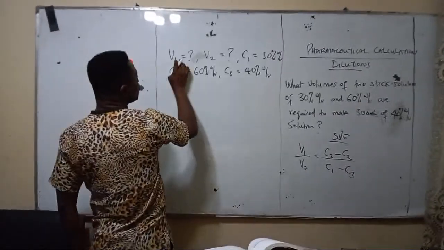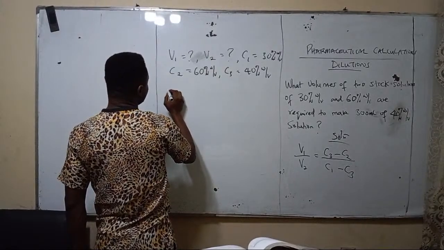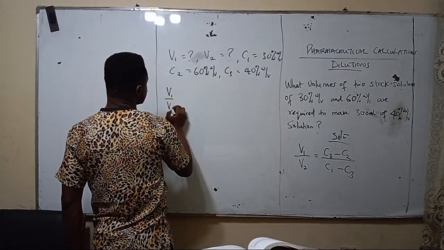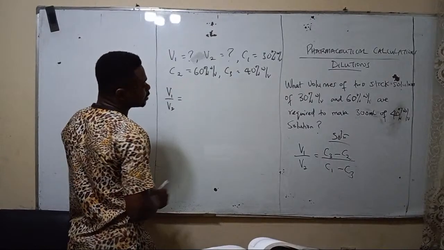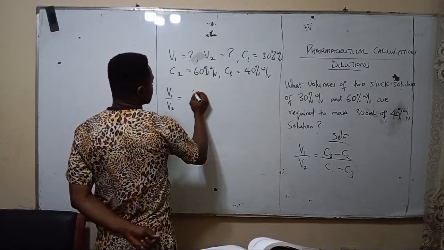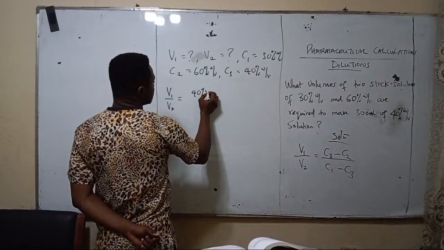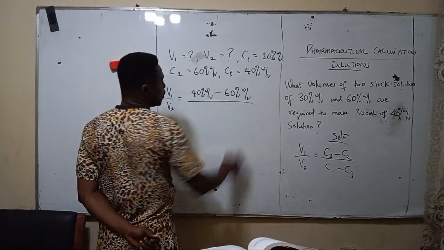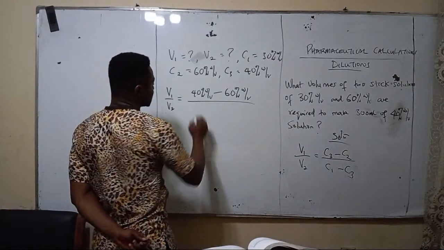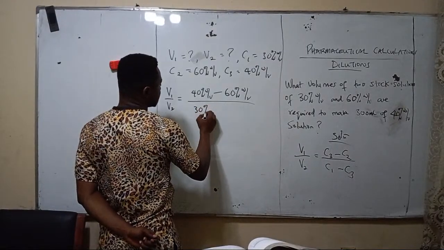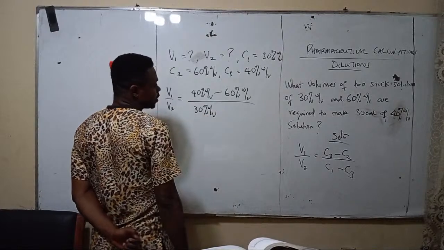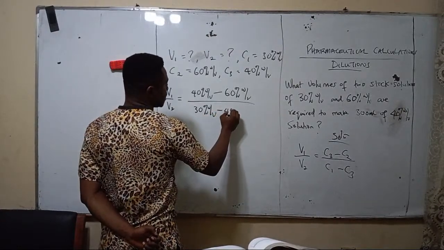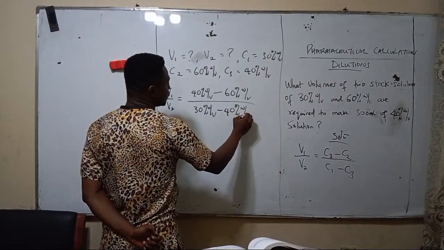V1 over V2 is equal to C3, which is 40% weight in volume, minus C2, which is 60% weight in volume, all over C1, which is 30% weight in volume, minus C3, which is 40% weight in volume.